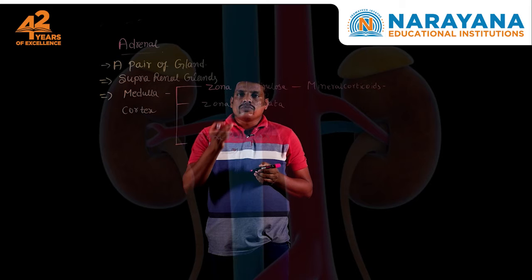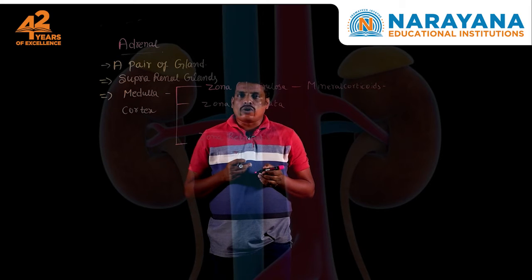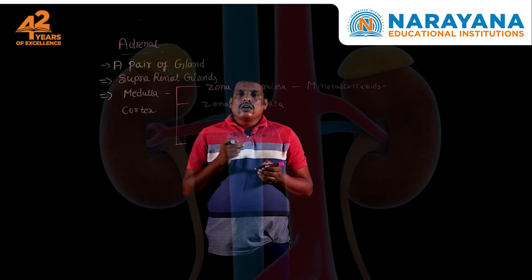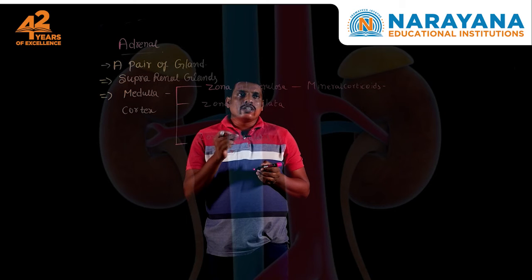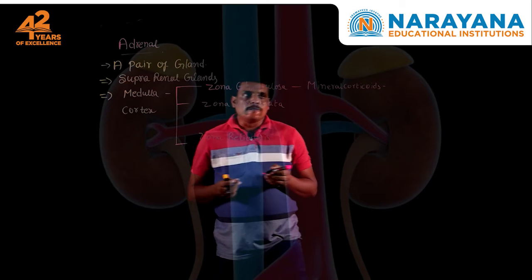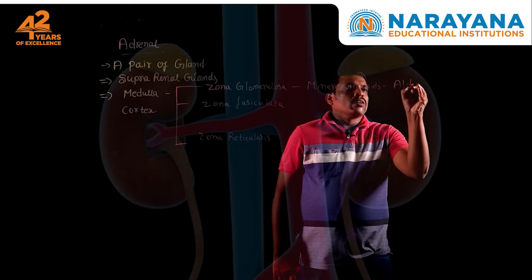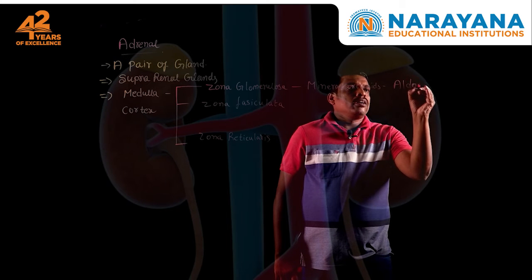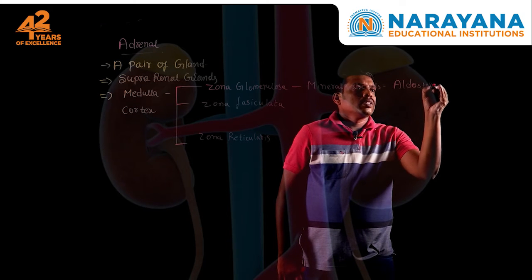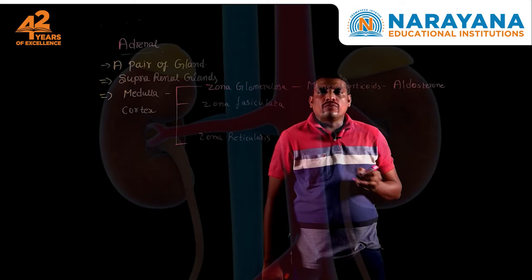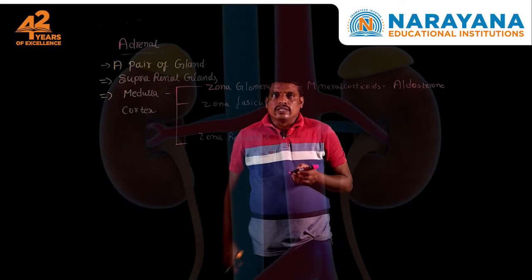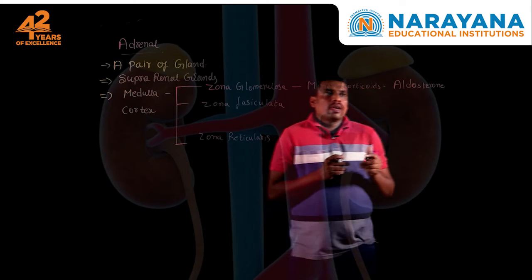What are its functions in our body? And what is its chemical nature? We have to learn. The best example for mineralocorticoid is aldosterone.